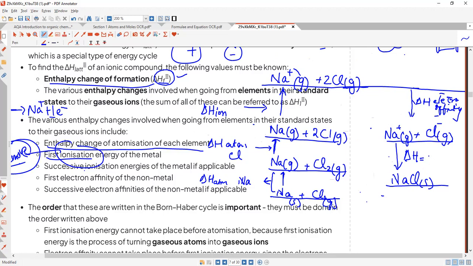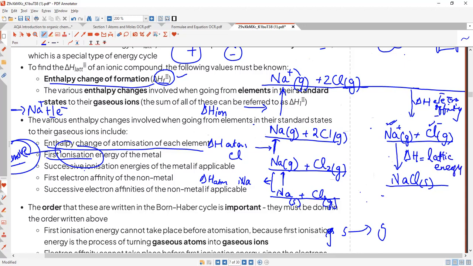Atomization is just conversion of solid to gas, and here it is gas to solid. Look at the ions also: positive and negative ions reacting together to form an ionic compound. So do you remember any definition which involves an ionic compound? Lattice energy. Very good. So you write now, this is the lattice energy.